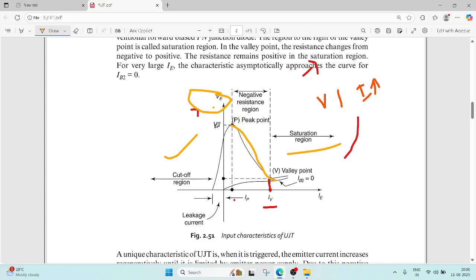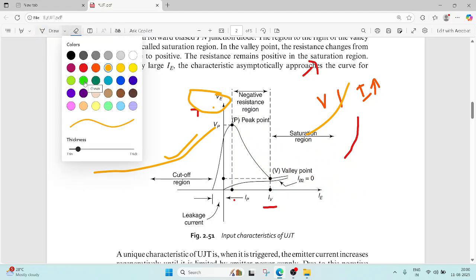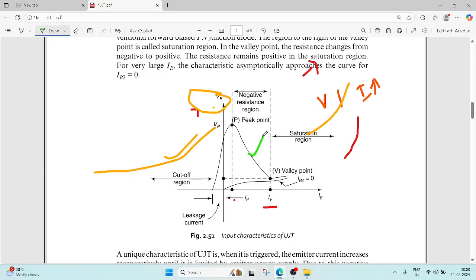The left-hand side is the cutoff region, the right-hand side is the saturation region, and in between left and right is the negative resistance region. So these are the characteristics of the UJT.